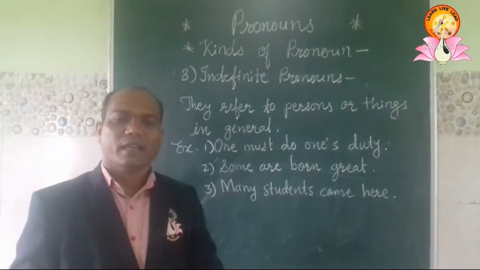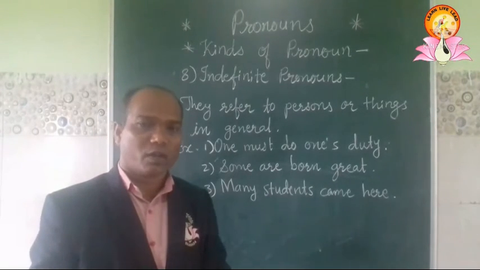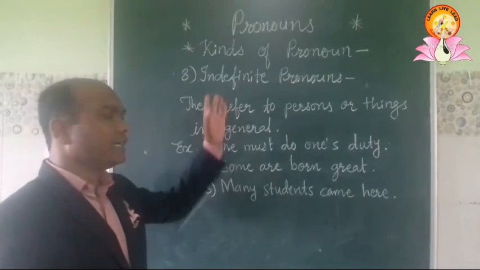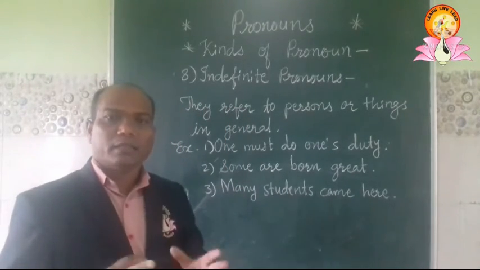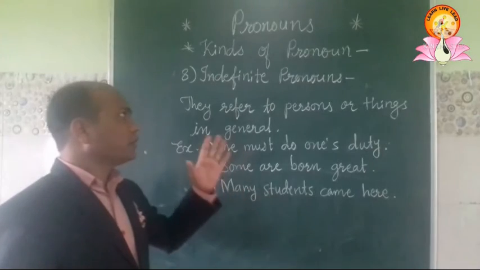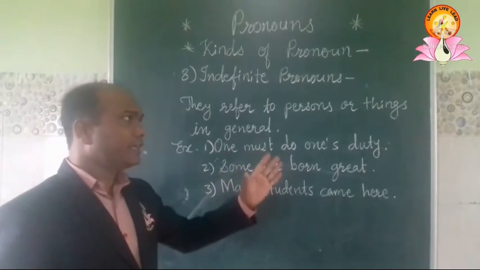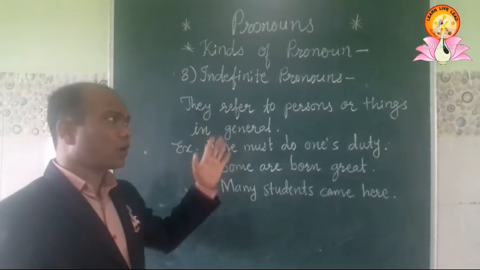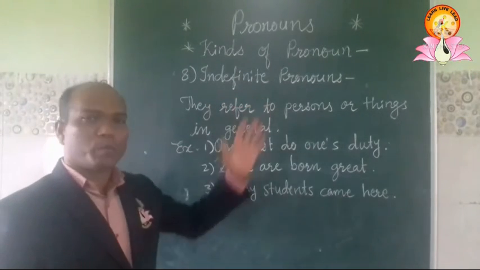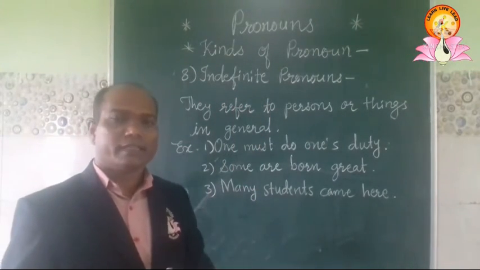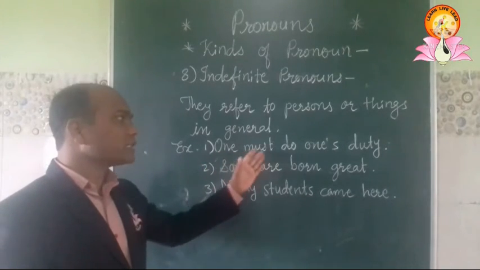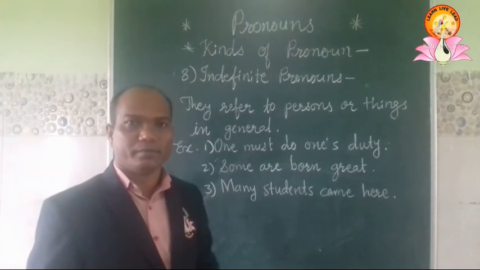Now dear students, let us move on to the last kind of pronoun, that is indefinite pronoun. The pronouns used to refer to persons or things in general are called indefinite pronouns. For example, one must do one's duty.